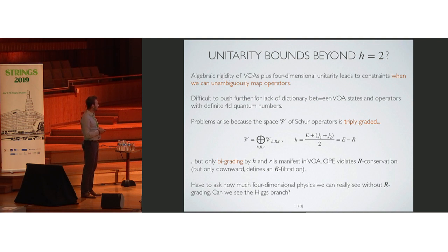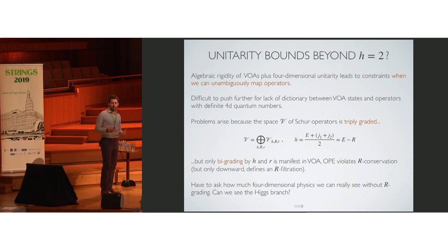You only have a bigrading by H and lowercase r, and capital R is not conserved by the OPE. It's violated downwards, so there's some filtration instead of a grading. But you don't see all of the graded vector space structure on this vertex algebra that's in principle there for four-dimensional reasons. And this makes it hard to see four-dimensional physics in general, starting with a VOA.